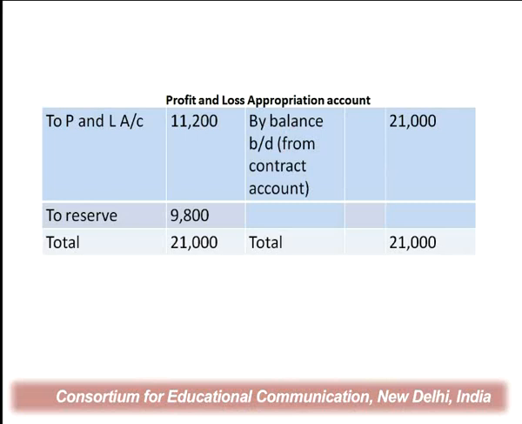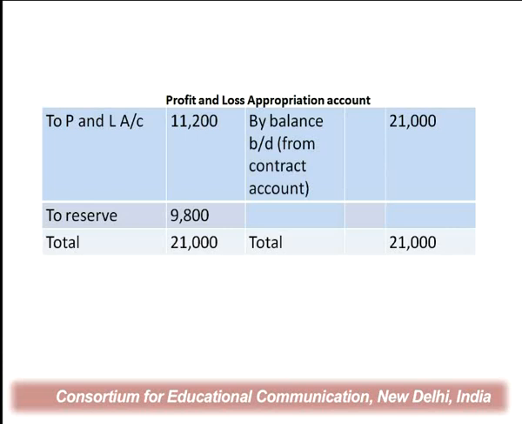So notional profit multiplied by 2/3 multiplied by cash received upon work certified, right? So cash received is 2 lakh, work certified is 2,50,000. So this 21,000 multiplied by 2/3 multiplied by cash received upon work certified, it comes to be 11,200. That will be transferred to the profit and loss account.